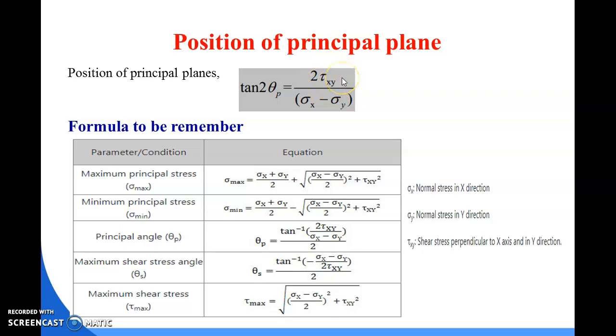Tau xy means the shear stress along the xy plane, sigma x means the stress along the x-axis, which we can take as sigma 1, and sigma y is the stress along the y-axis, which we can take as sigma 2. These are the general formulas you have to remember for the calculation of normal stress and tangential stress for various criteria of principal plane and principal stress.